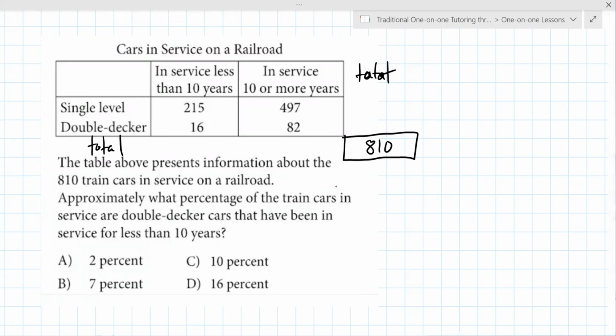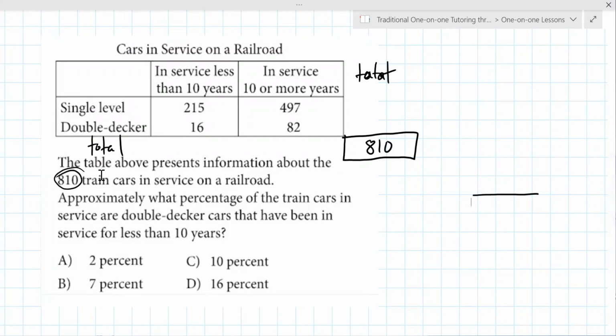So how many cars are in service? Is it either single level or double decker? Go ahead and read the first sentence again. The table above presents information about the 810 train cars in service on the railroad.